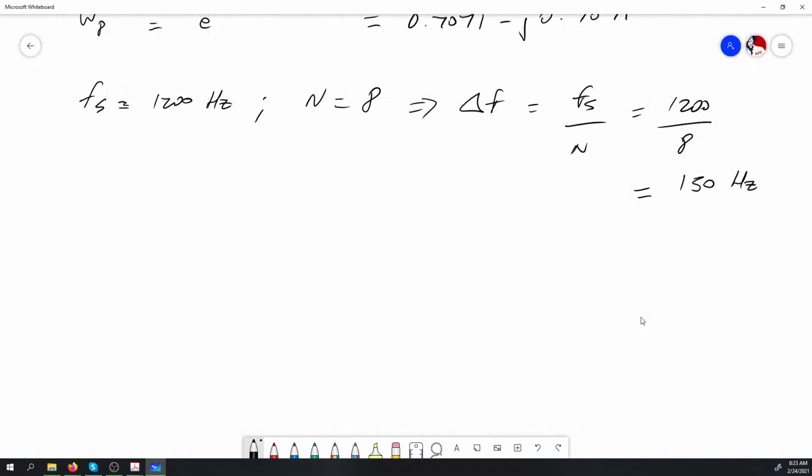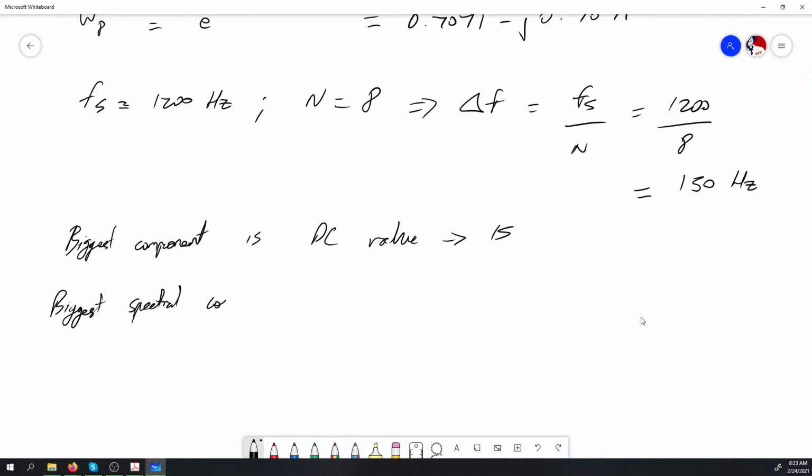So the biggest component here is the DC value, 15, and then the biggest spectral component is at minus 5.414 plus minus j 7.243.